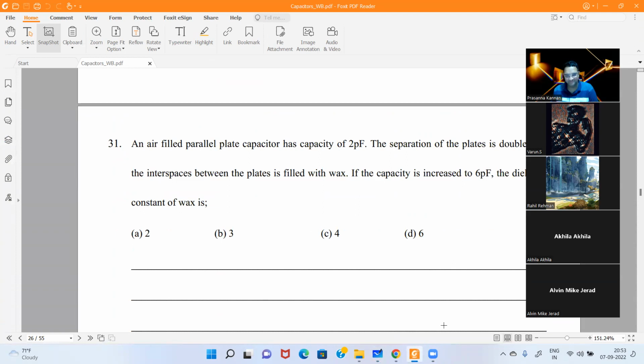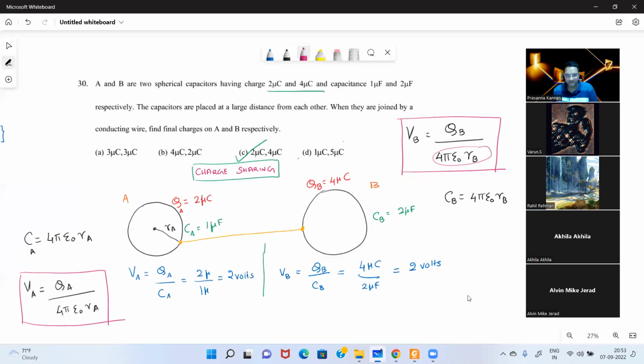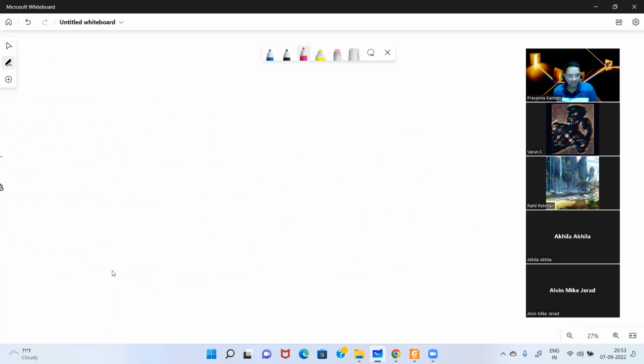So next we are coming to dielectrics, right? Dielectrics we had already seen. We will just have a small review and then we'll do the questions. Dielectrics are nothing but non-conductors of electricity.